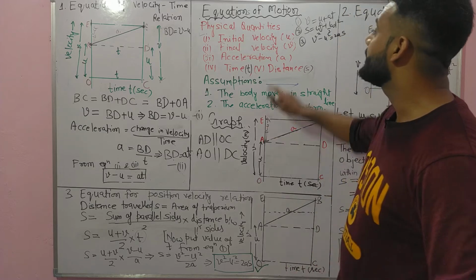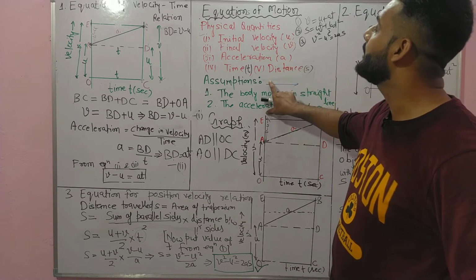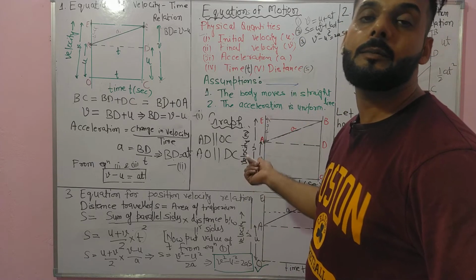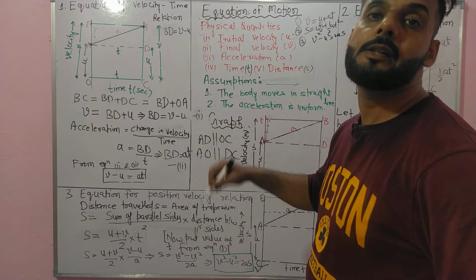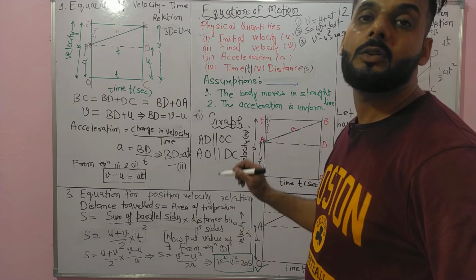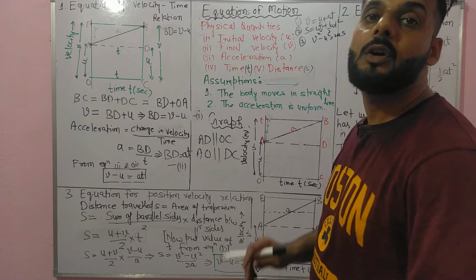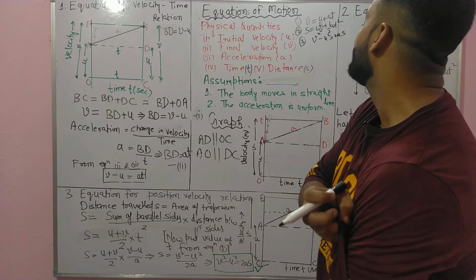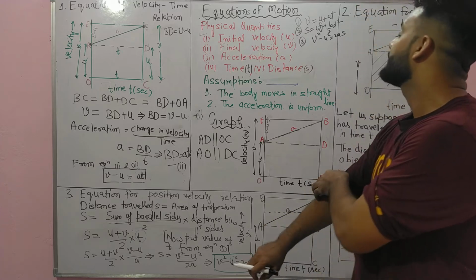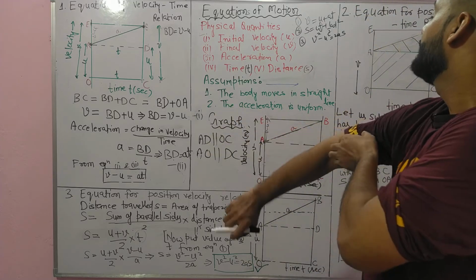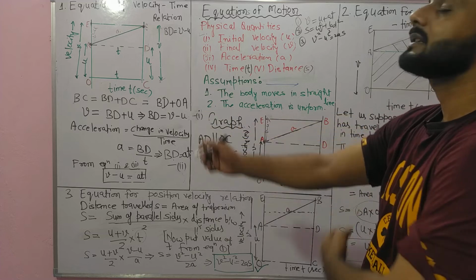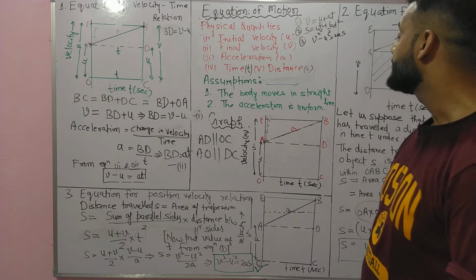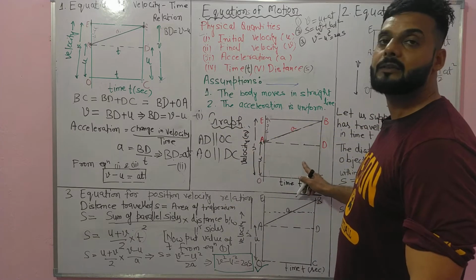Okay, so these are the 5 physical quantities and 2 assumptions, and with the help of velocity time graph we will explain all three equations. Now we have to learn about this graph, what this graph gives us and what is the interpretation of this graph. This graph is a velocity time graph.